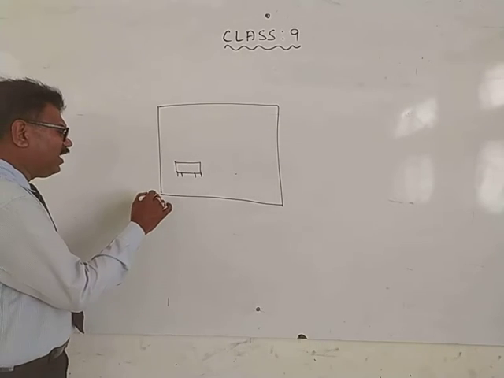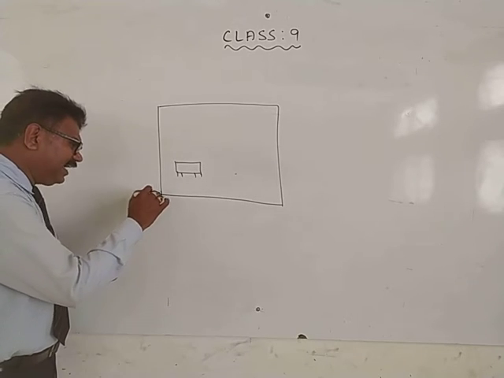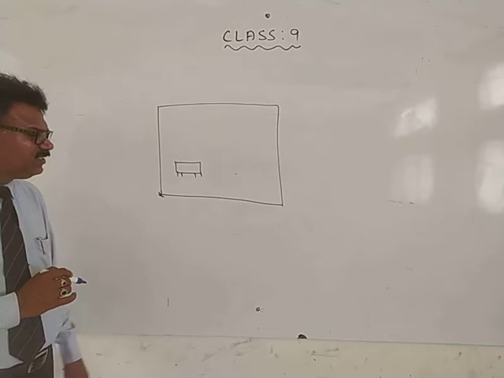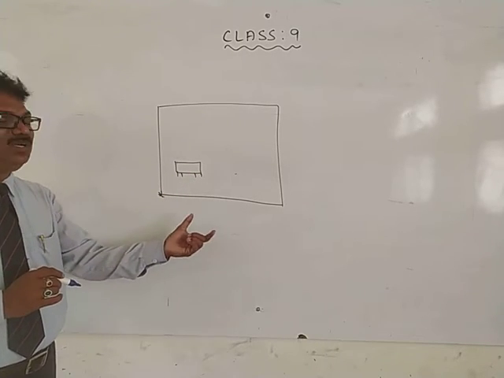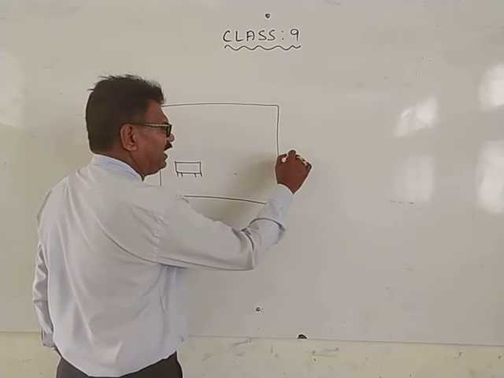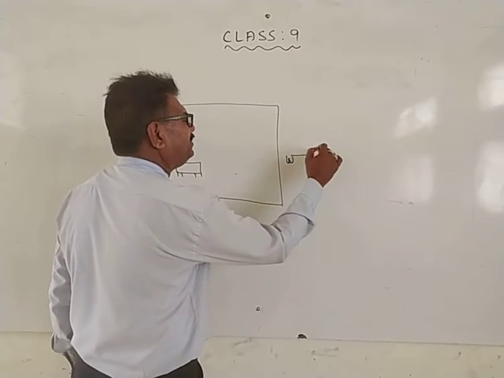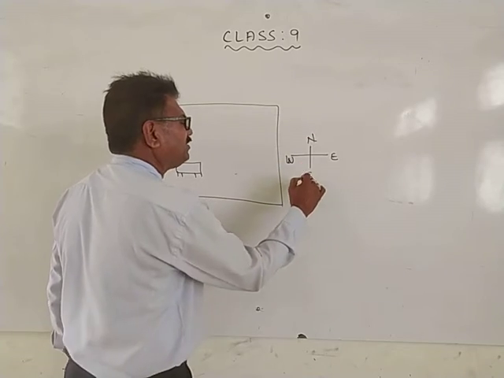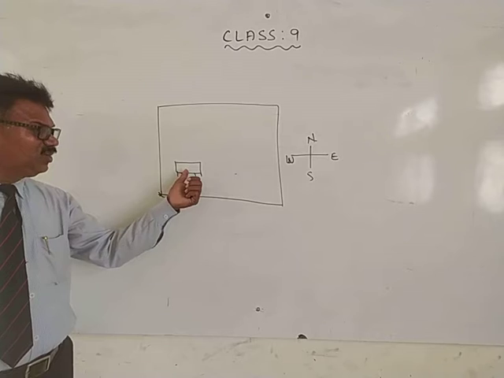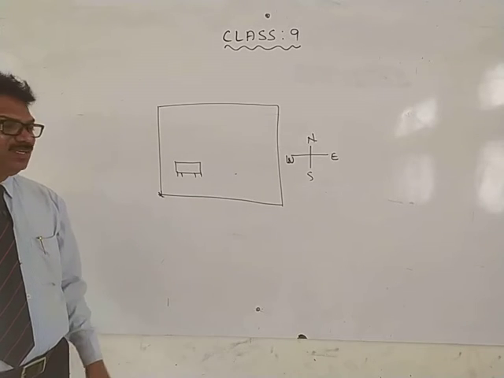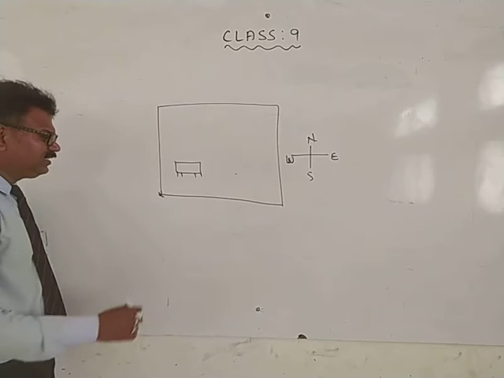For that, I will take this as reference, because for everything there must be a reference. We tell west, east, north, south like this. These are the references. So like this only in the class also we have to take one reference.